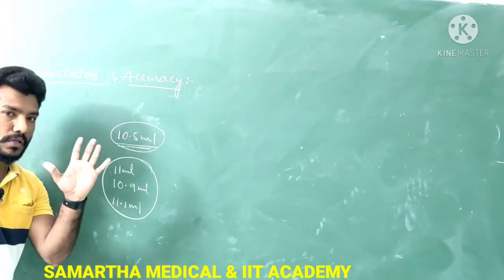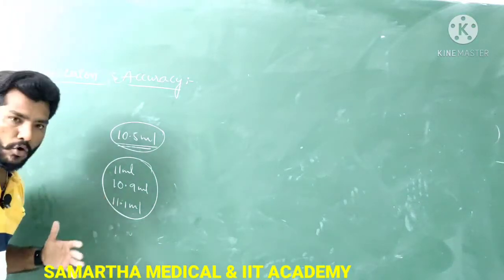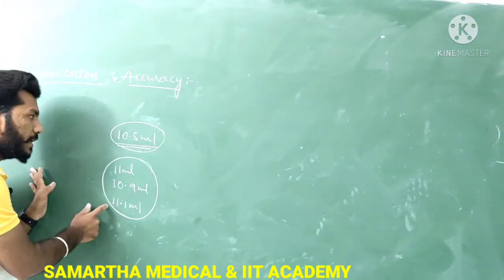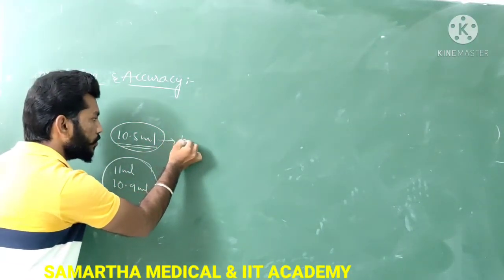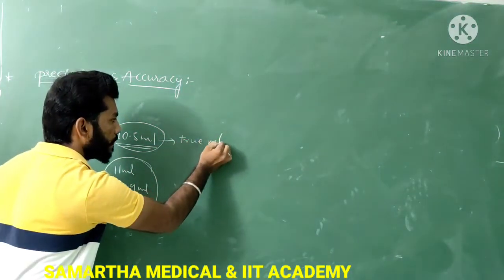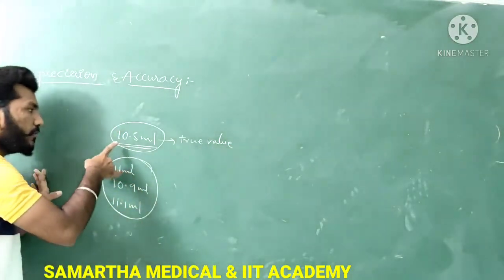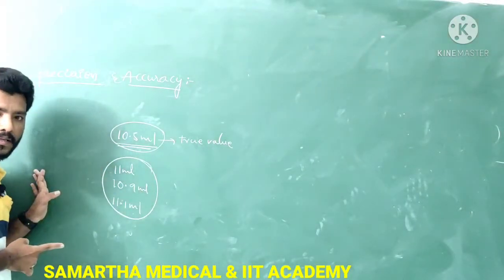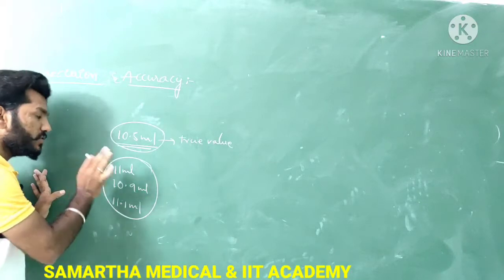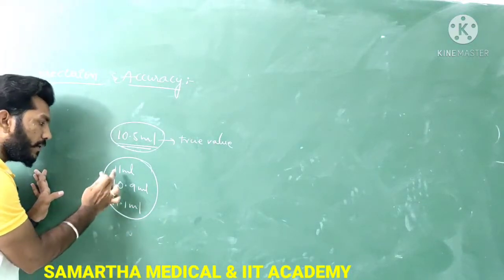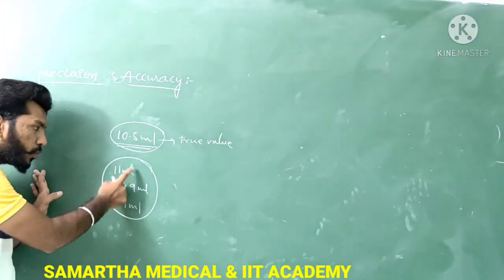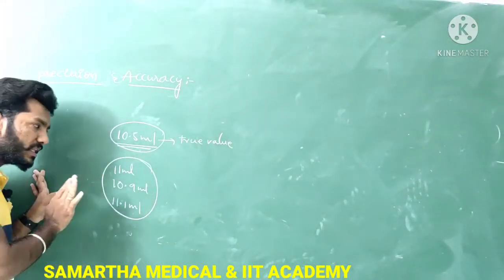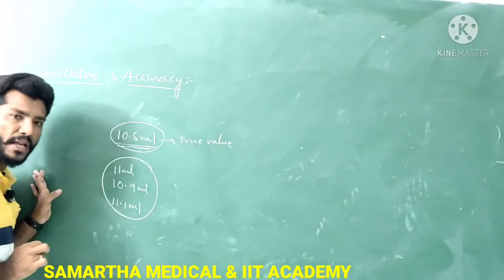I hope you guys are understanding this. So 10.5 ml is our true value, and our main target is to get this value. But he got 11 ml, 10.9 ml, and 11.1 ml. These three values are close to one another, but not close to the true value.